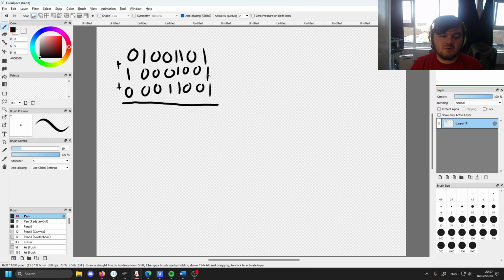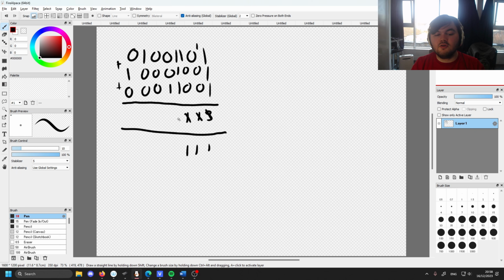00110001. So for the first digit, we do 1 plus 1 plus 1, we get the number 3. We subtract 2, which represents the carry, and we write down 1 in the column because that's what we have left. So digit 2 is now 0 plus 0 plus 0 with a carry, so we write 1 in that digit. Digit 3 is 1 plus 0 plus 0 with no carry, so we write 1.